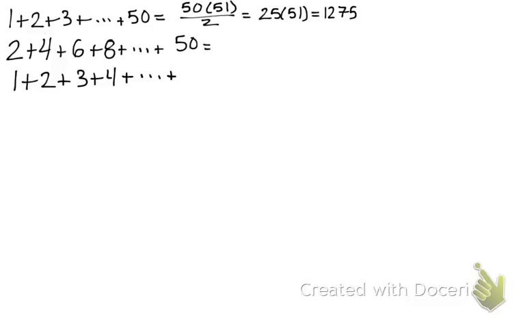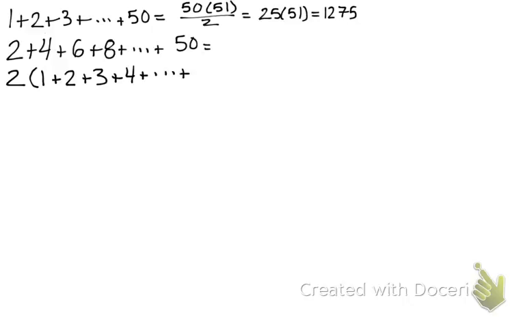So what if we use our distributive law and remove a 2, divide each one by 2 by pulling the 2 out. So if we use the distributive law, we know that 2 times 1 is 2. 2 times 2 is 4. 2 times 3 is 6. 2 times 4 is 8.